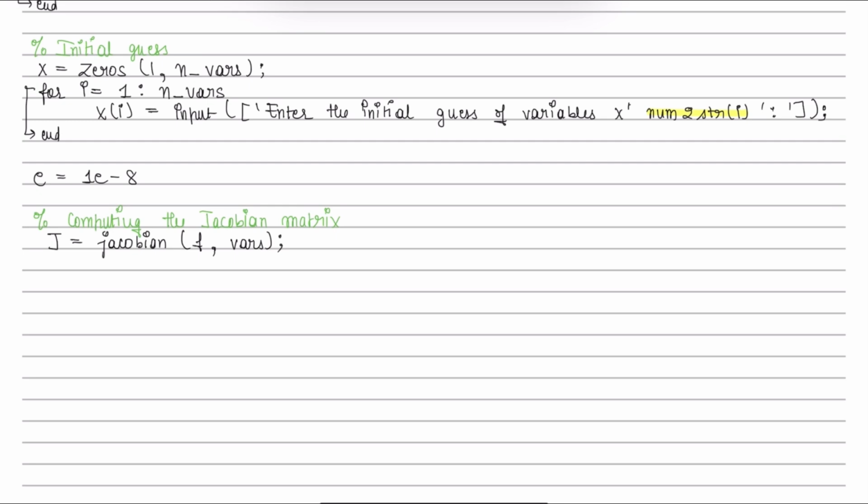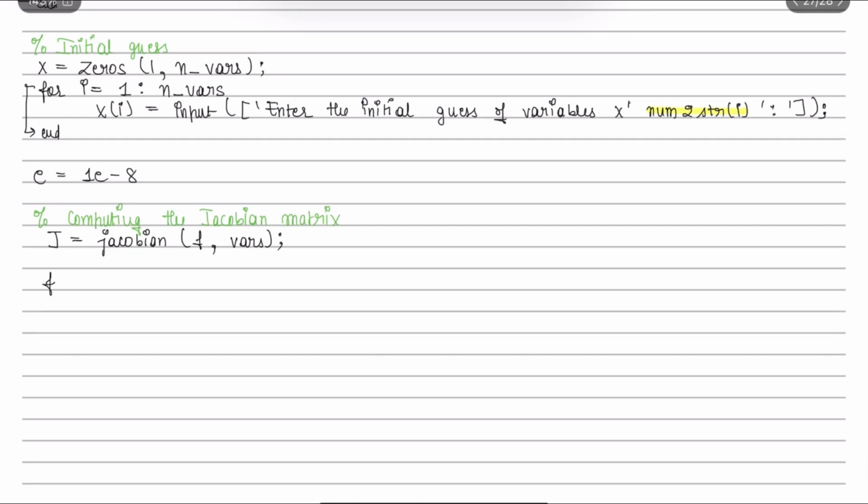Now all the things that we require to start the Newton's method for system of nonlinear equations are fulfilled. Now we need to start the iterative process. Starting the iterative process with for loop, where i will be initialized as 1 and will go till 100.